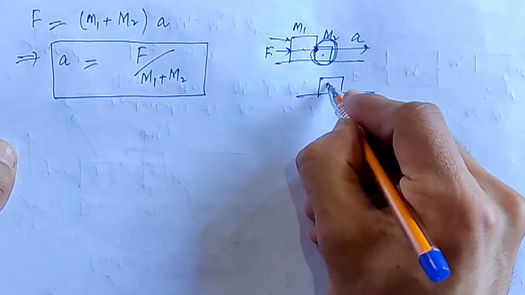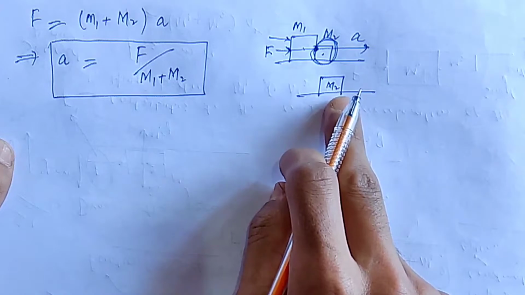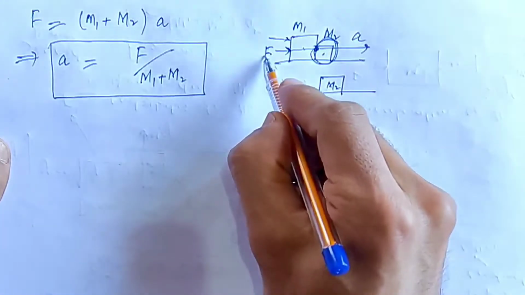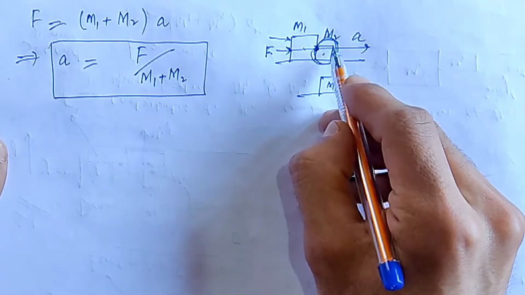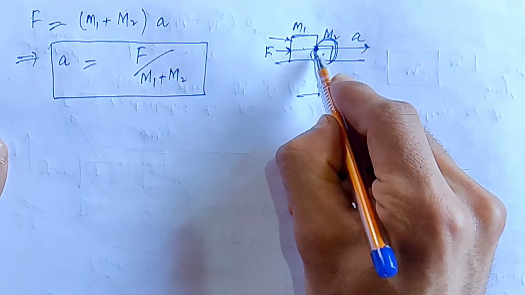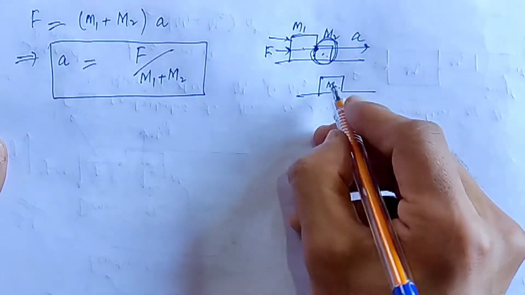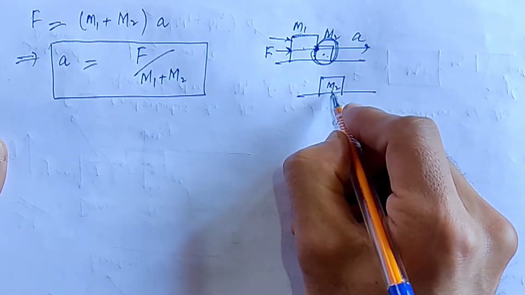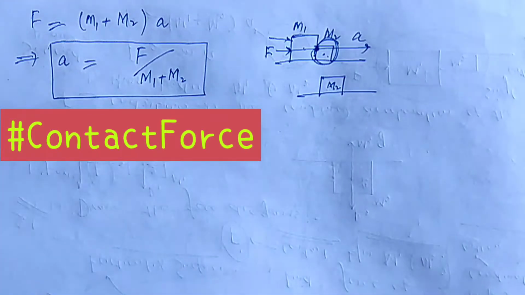We have to find the force acting on M2, that is the contact force, because the applied force acts only on M1, and the second body is in turn moved due to the effect of the bigger mass in contact with it. So we have to find the force acting on that M2 body.